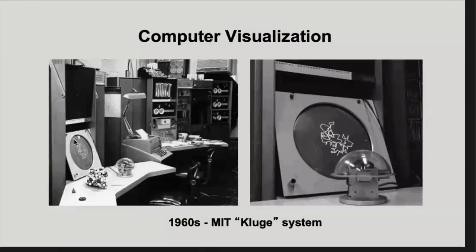There's a screen over here on the left, and this is long before most computers actually had a screen of any kind. It was actually an oscilloscope, which was originally designed for looking at things like sine waves, but it was adapted to display a graphic image of a molecule. And this little clear plastic dome over here, that's an early trackball.